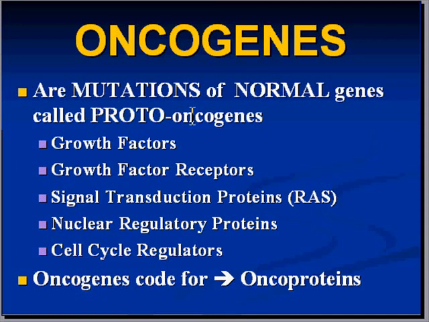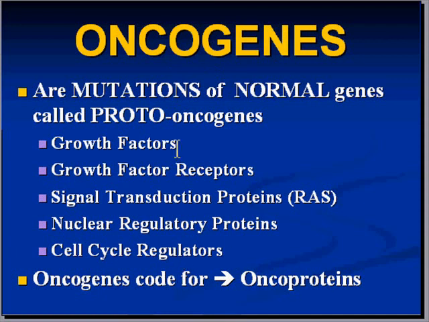And these are called proto-oncogenes. These are normal genes. A mutation of a normal proto-oncogene is called an oncogene. And these are the abnormal genes now which make abnormal proteins called oncoproteins.